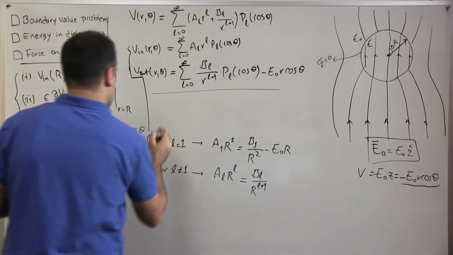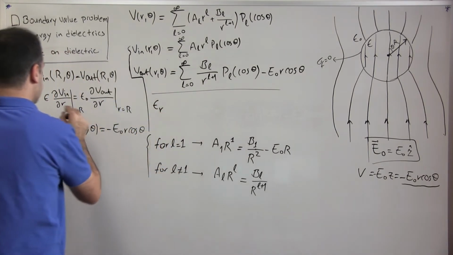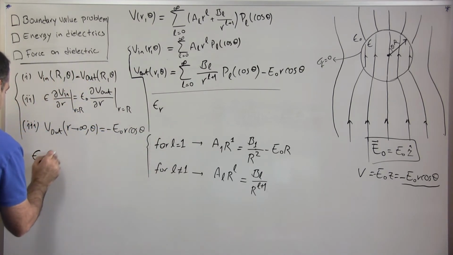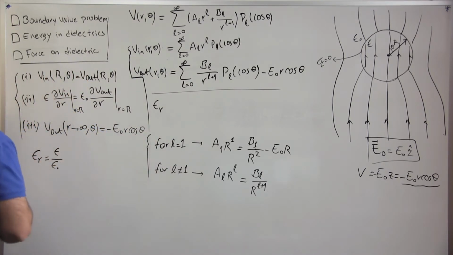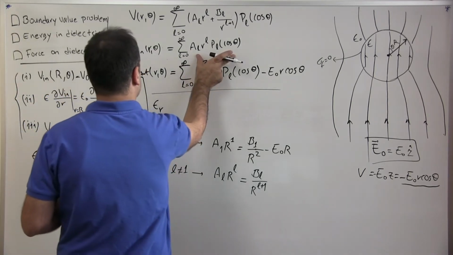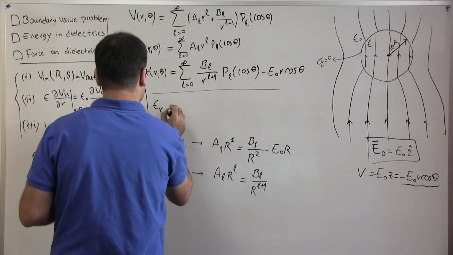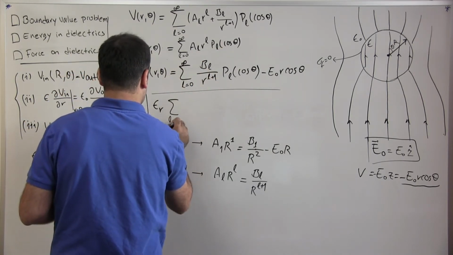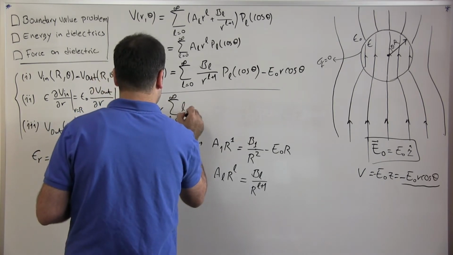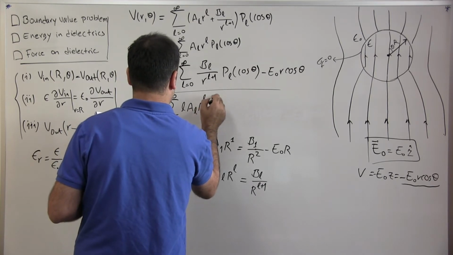Okay. So I'm going to use epsilon_r, which is epsilon over epsilon naught. And the derivative of the first term, V_in, with respect to r, gives me the sum over L from 0 to infinity of L times A_L r to the power of L minus 1.